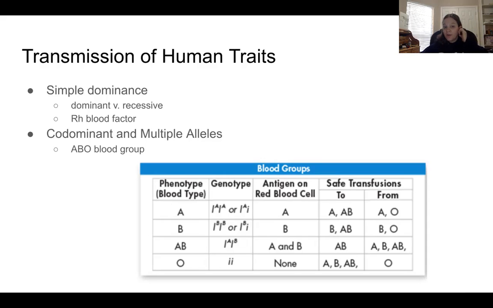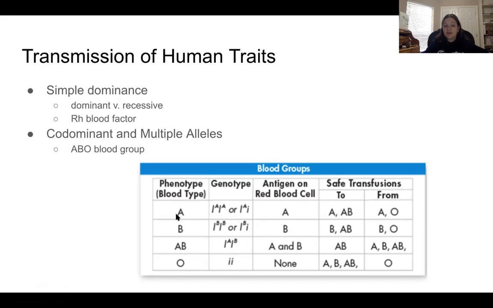We can have codominance and multiple alleles, and we've talked about this example a little bit. This is your blood groups. Okay, so whether you are type A, B, AB, or O. A and B are dominant to type O, but they're codominant to each other.